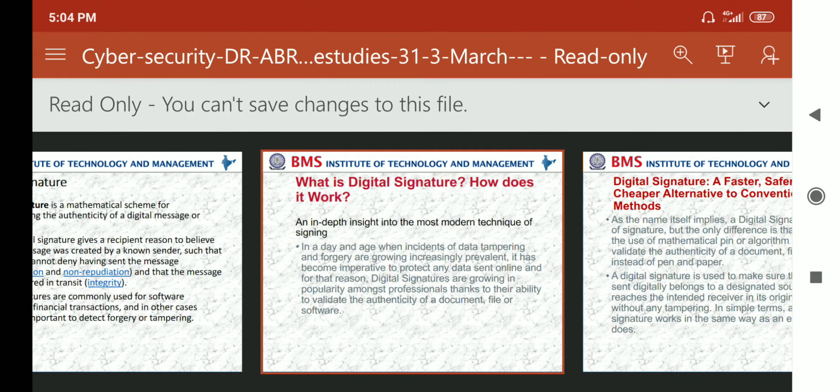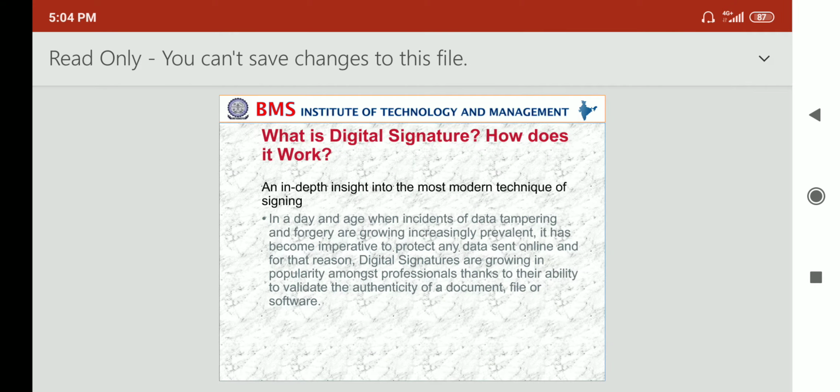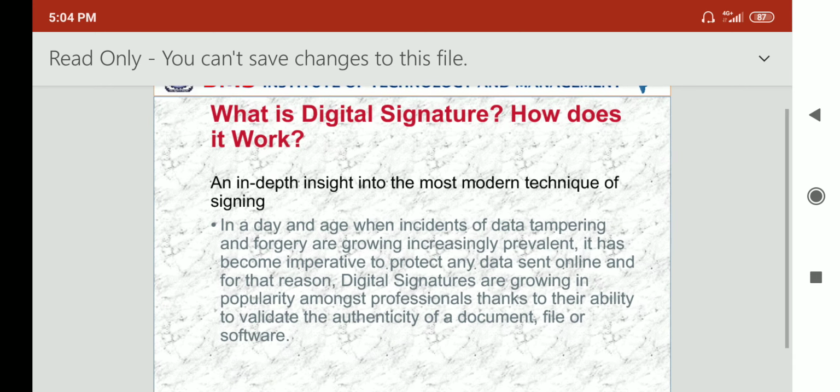What is a digital signature? How does it work is an important question. We have to understand the working of a modern technique which enables us to bring in cybersecurity in most cases.